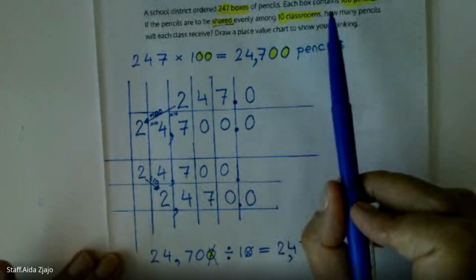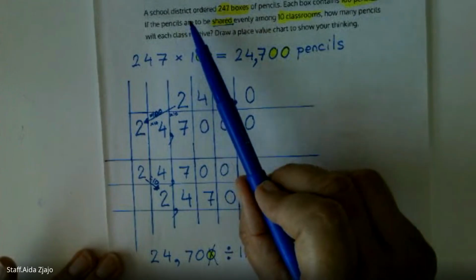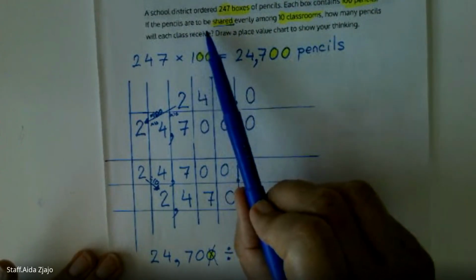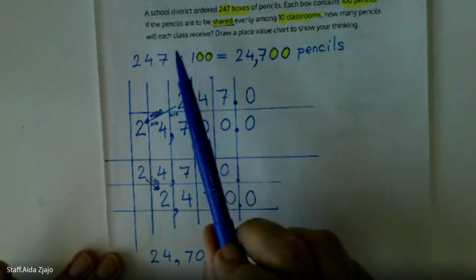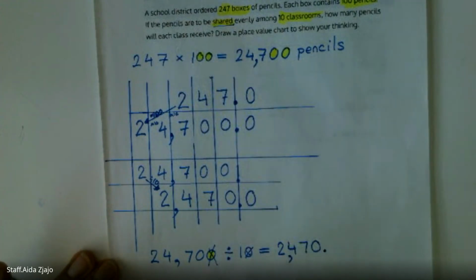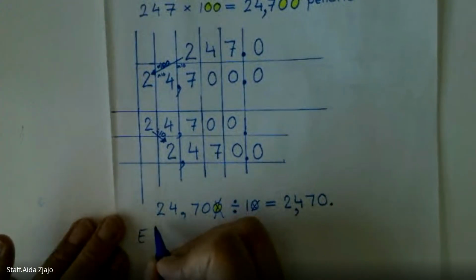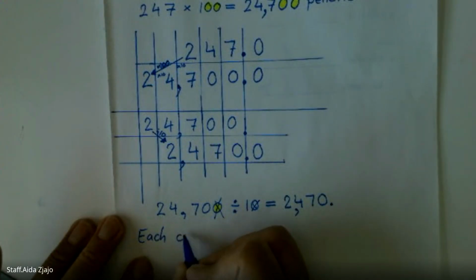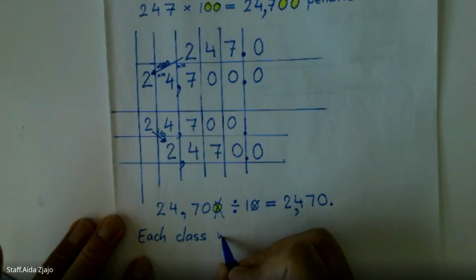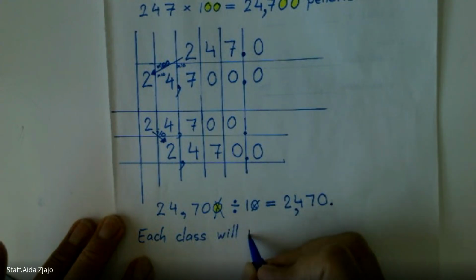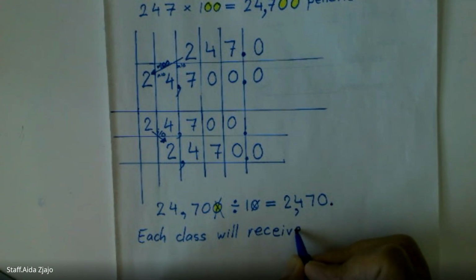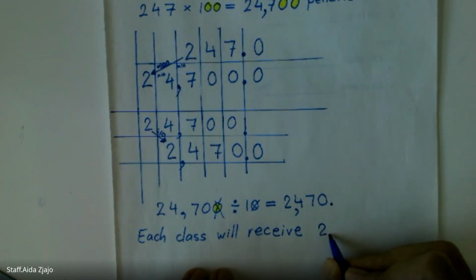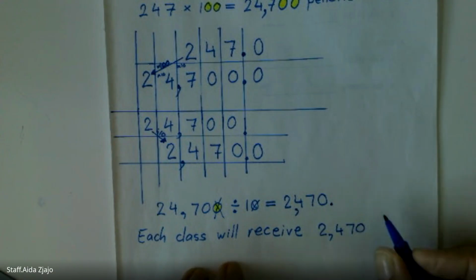And now we need to write down our answer as words. Now if the pencils are shared evenly among 10 classrooms, how many pencils will each class receive? So each class will receive 2,470 pencils.